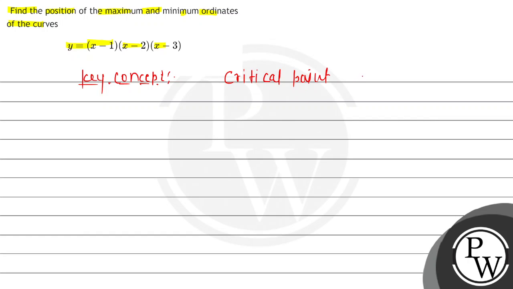Suppose we have to find the critical point of a curve like ax² + bx + c. First we take the first derivative, that will be 2ax + b. Then we equate it to 0 and find the value of x, that is -b/2a. So this is the critical point at which the curve has 0 slope.